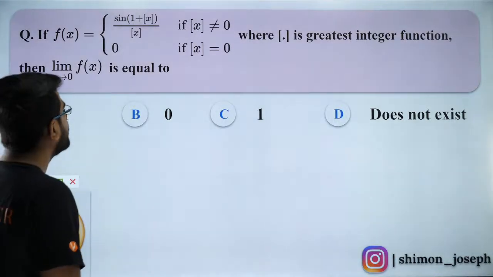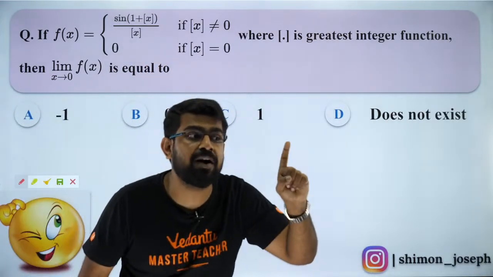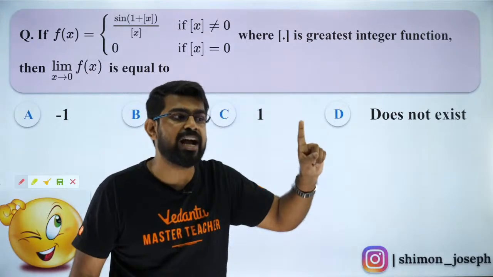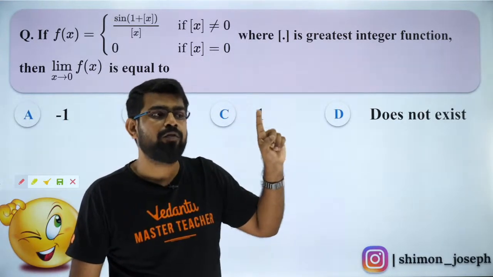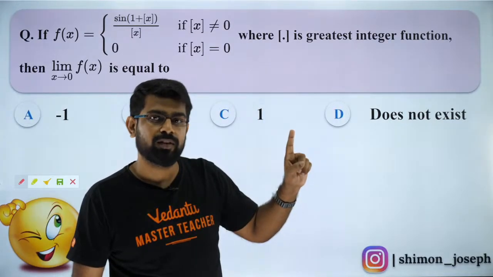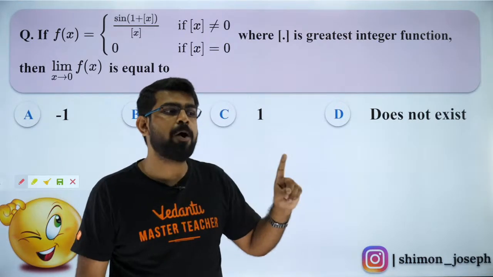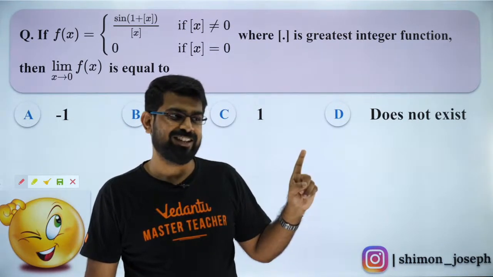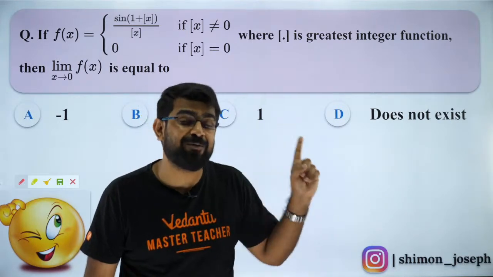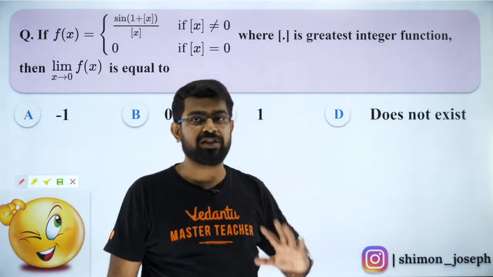Please listen carefully. So what did I say? Whenever you have greatest integer function, I told you guys that it is important for you to find out your left hand limit and right hand limit whenever you have greatest integer function of x.